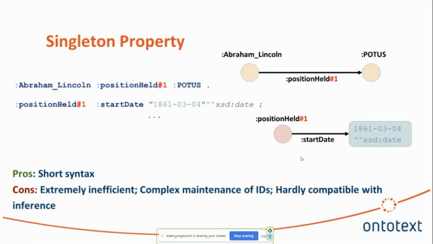And it's also quite inefficient because the indices that need to be built will be much larger compared to other approaches, and there is also another technical complexity in defining the mechanism for maintenance of the different identifiers on the properties.